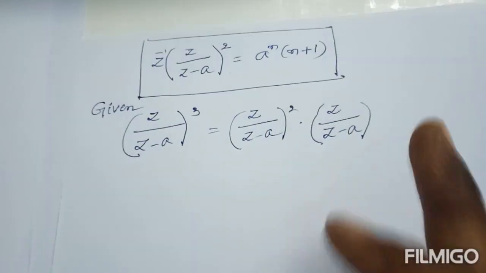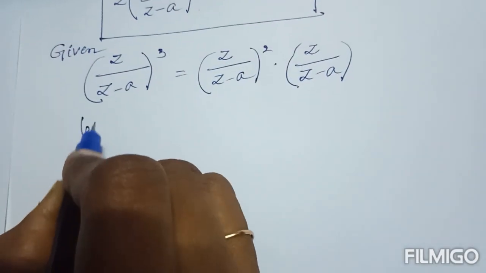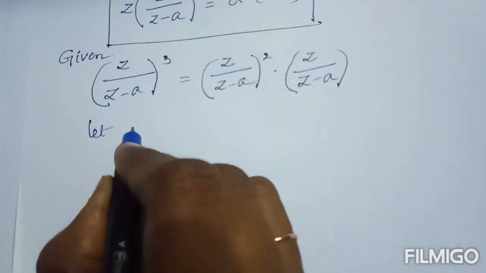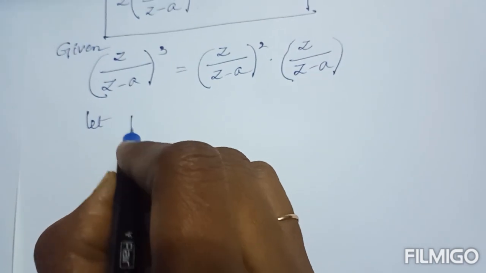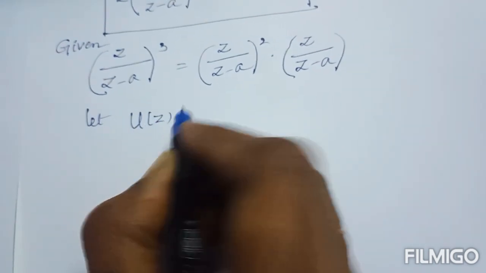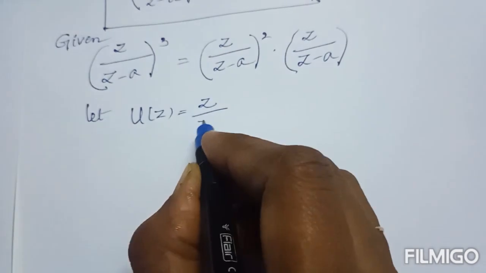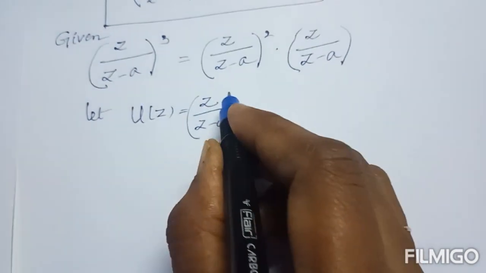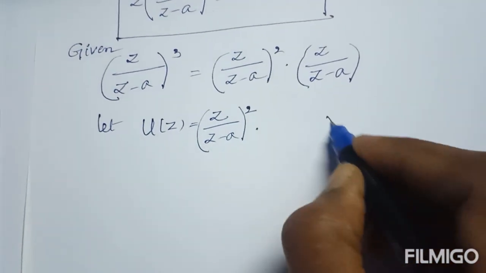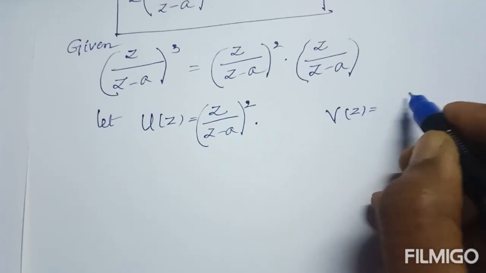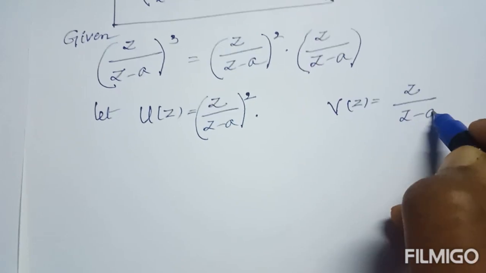It is a product of two functions, both defined in terms of z. Out of the two, name the first one. Let U(z) or V(z), anyone you can take. So first U(z) equals z by z minus a whole square. V(z) equals z by z minus a.